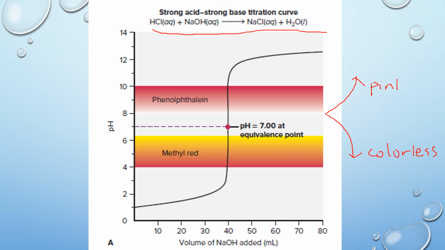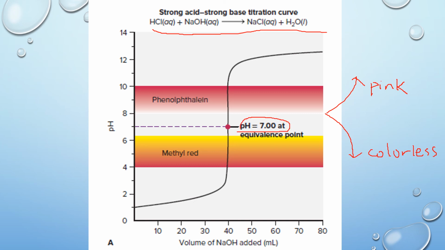But did you notice that this pH 8 is not equal to or close to the endpoint of a strong acid, strong base titration, which is pH equal to 7?